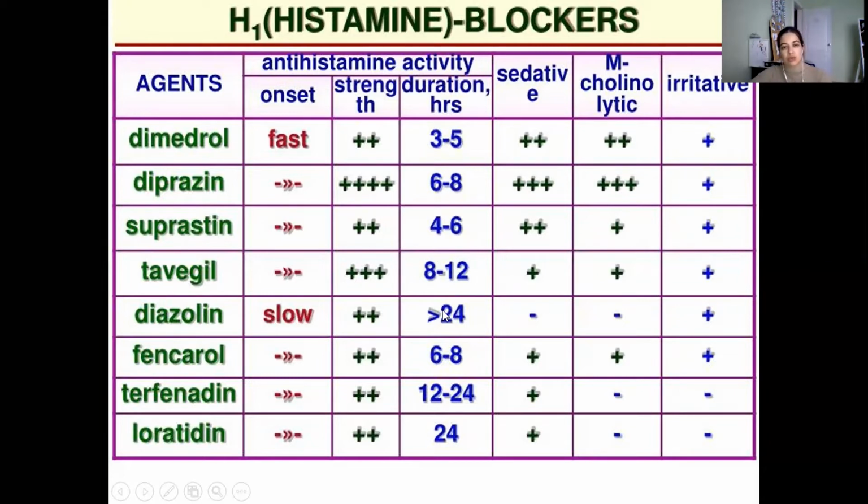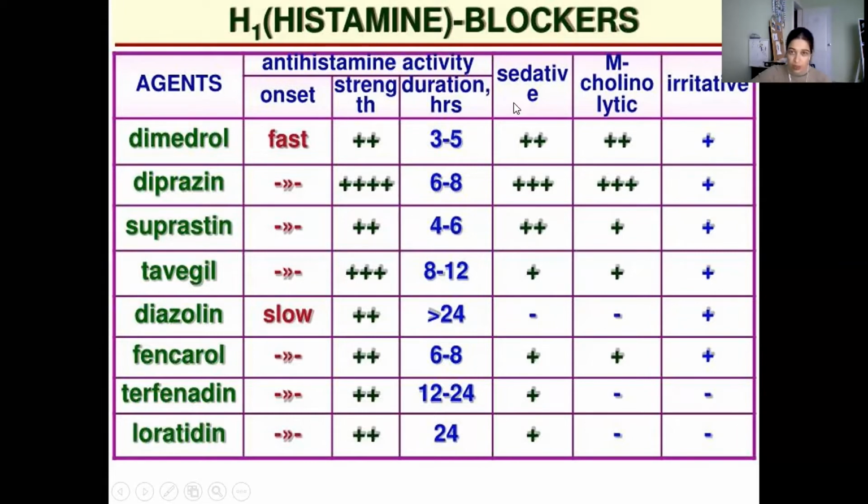And the drugs from diazolin, from the second generation, act longer, more than 24 hours. And also here we have some sedative actions, and in diazolin we have no sedative action and no M-cholinolytic action.